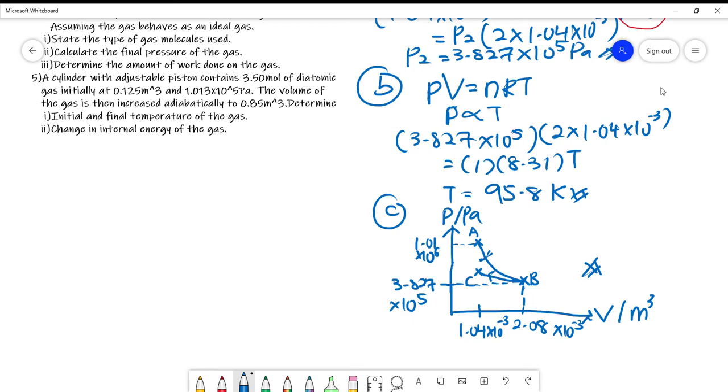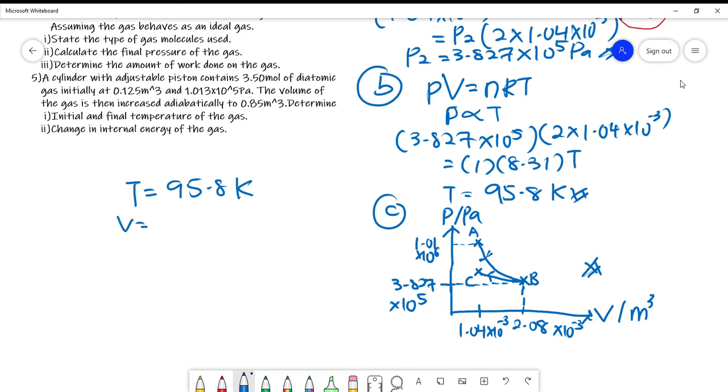So if we wish to prove whether the point C will return to its original state or not, we just find out what is the pressure for point C. We know that this is the isothermal process, so T will be constant, which is 95.8 Kelvin.